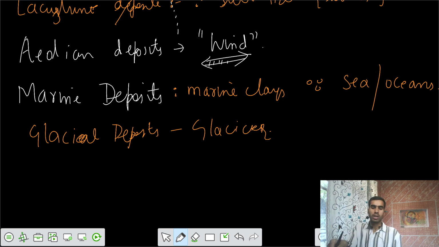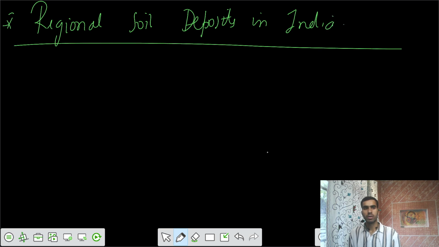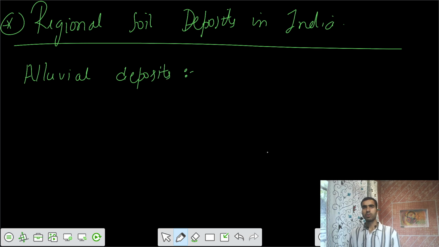Now, if I talk about the final part of this lecture, that's regional soil deposits in India. We have different kinds of soil deposits that are formed in India. First one is alluvial deposits. These kinds of deposits are formed because of the action of rivers.